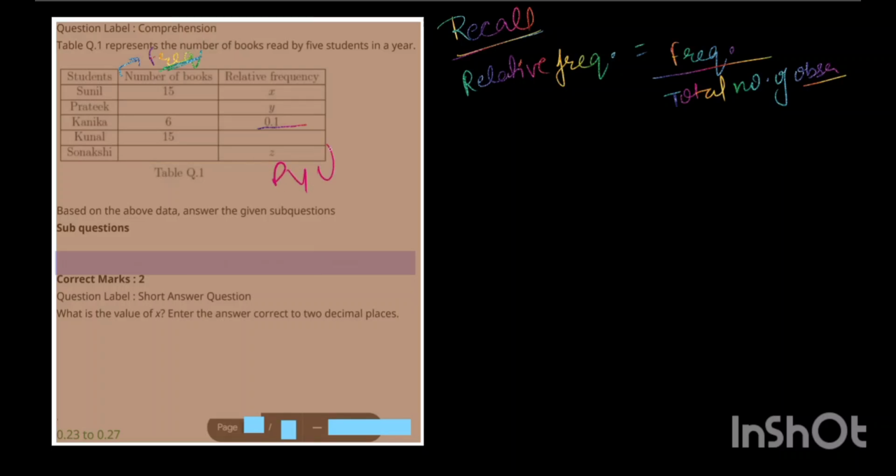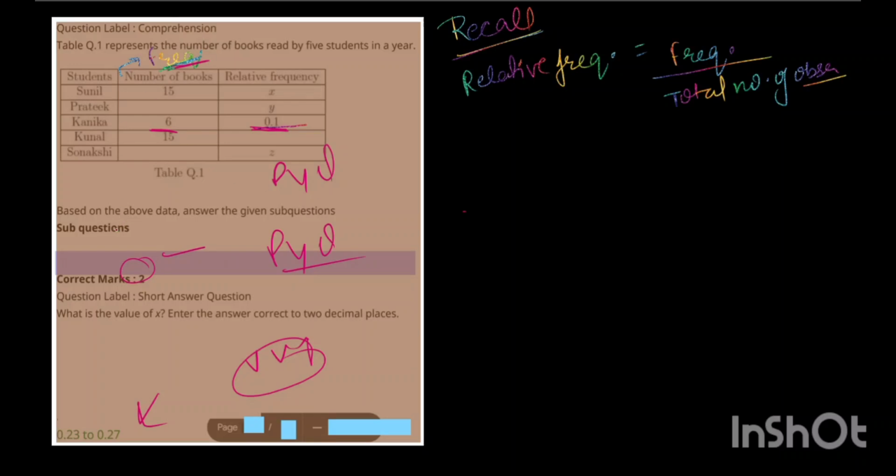PYQ. As you can see, this is a 2 mark question, numerical answer type. I hope that the question is visible to you. So we are supposed to find the value of x. Okay, so as you can see, relative frequency and number of books is nothing but frequency only.